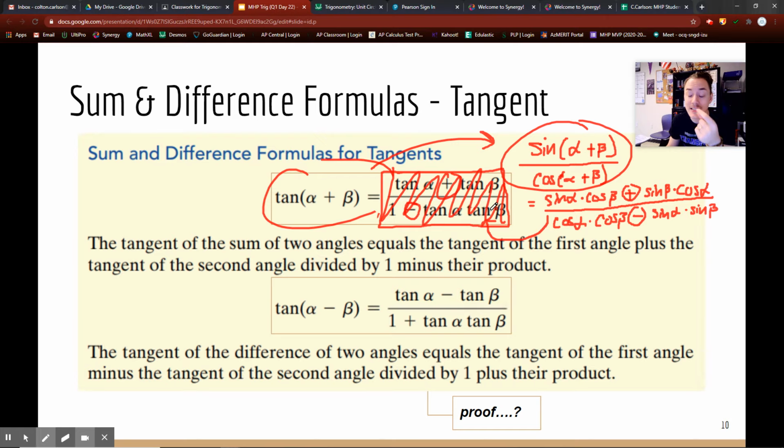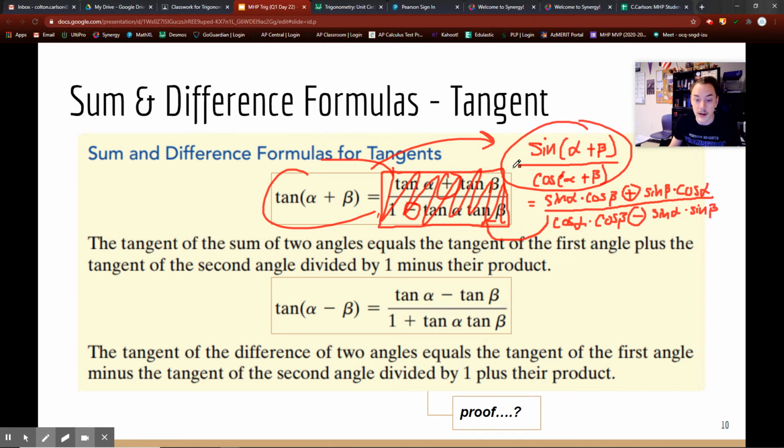What I'm going to be doing instead is this. If tangent of alpha plus beta is sine all over cosine, I'm going to be using this. I'm not really going to be using those formulas at all, and I'm going to show you why.